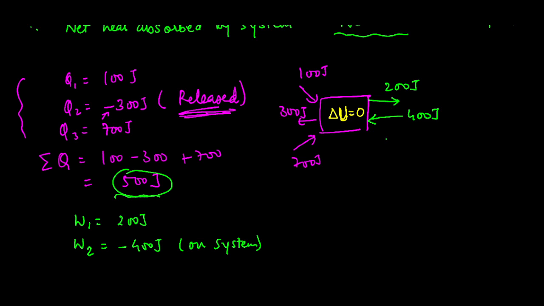I hope that is clear. So 200 given, 400 taken, so W3 should be 700 joule, work done by the system. Is that clear or not clear? Work done by the system is 700.